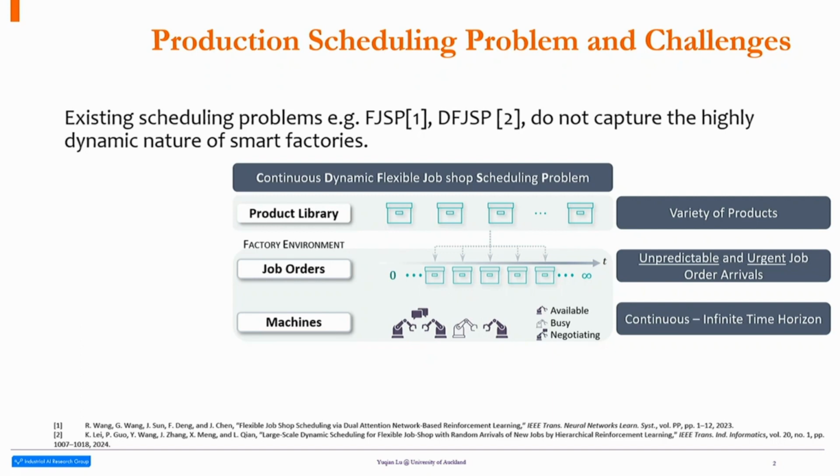not just one-off scheduling, right? If you look at the heuristic algorithms out there, maybe they work really well on those benchmark data sets, but how about when you apply them in the real world? Can you deal with a variety of jobs, unpredictable urgent job arrivals, or continuous performance over a time horizon?